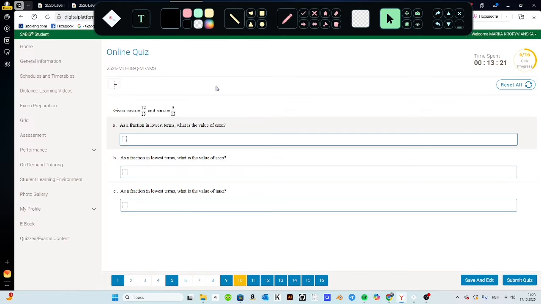Now, given that cosine A is 12 over 13 and sine A is 5 over 13, as a fraction in lowest terms, what is the value of cosecant A? So, the formula for our cosecant is 1 over sine theta. That's going to be our cosecant. But the thing is that we're already given that sine is 5 over 13.